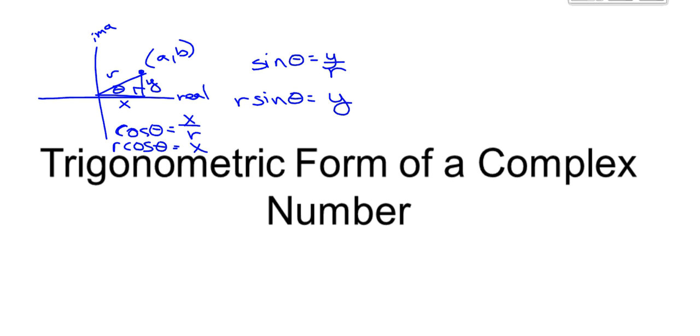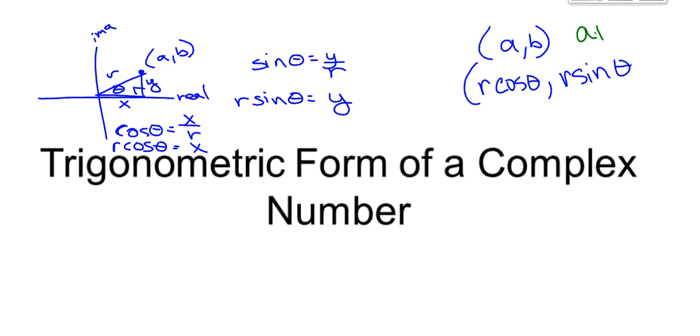And so what that really means is we can say that this a and b can be replaced with r cosine theta and r sine theta. So if I write that as a complex number, what is it? a plus bi, correct? So if I write this as a complex number, it's going to be r cosine theta plus what?